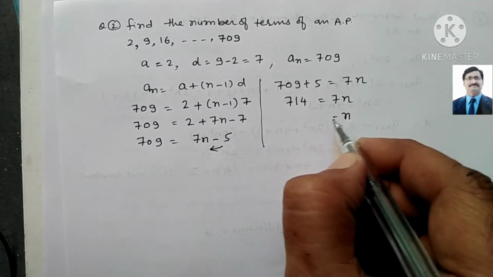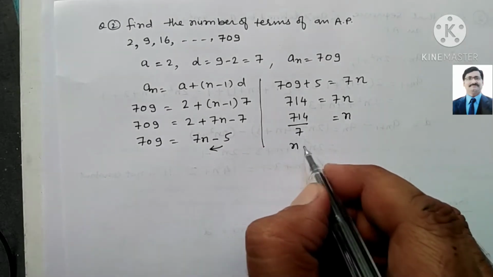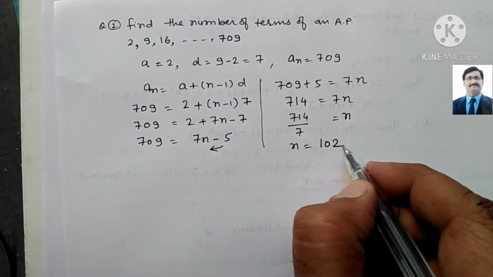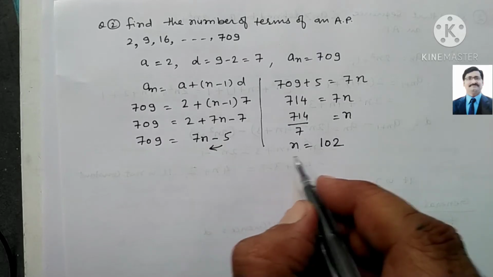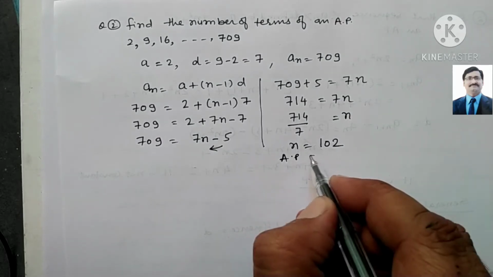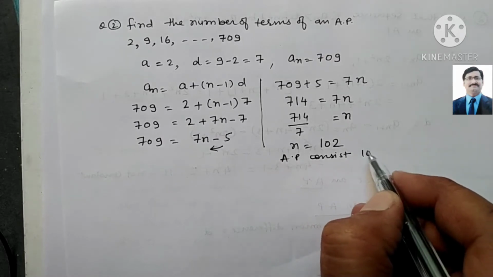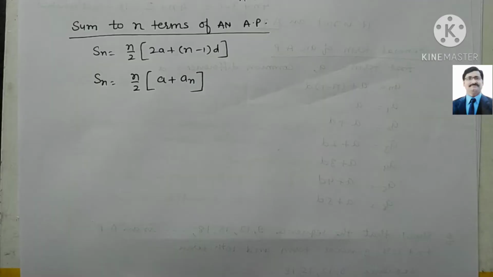So n equal to 714 upon 7. We cancel: 7 ones are 7, and 7 twos are 14. So n equal to 102, meaning the AP consists of 102 terms. All of you understand this?